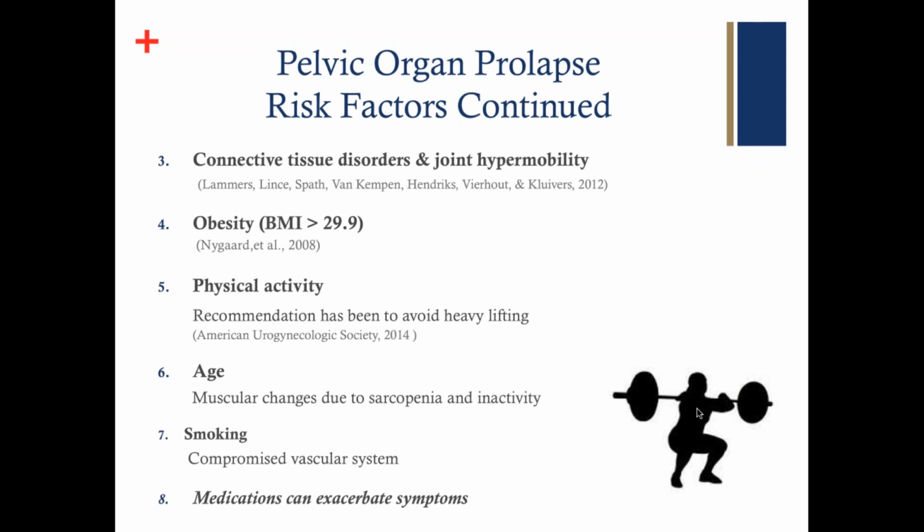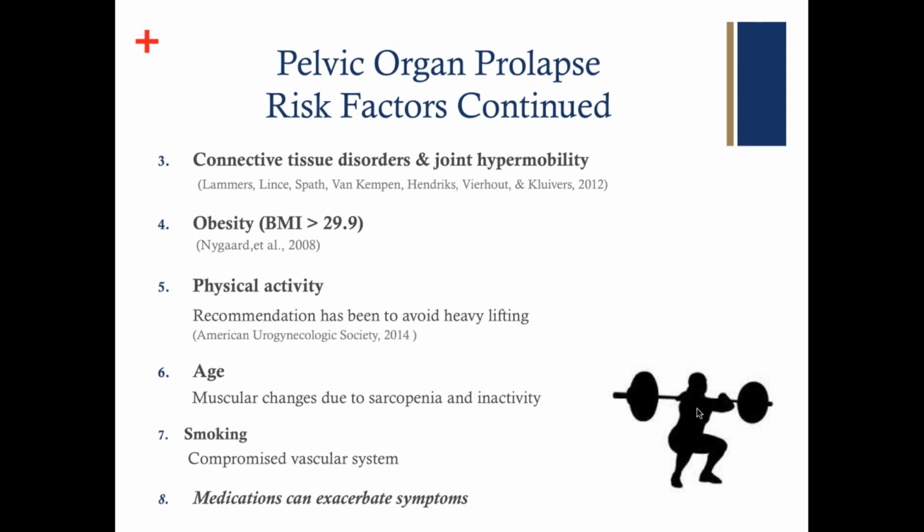Now we have this physical activity risk factor that has multiple pieces, and I'd like to talk about them just a little bit. We know that the American Urogynecologic Society has recommended to avoid heavy lifting for those who are at risk. And heavy lifting is described very interestingly as 10 pounds. 10 pounds or more is considered heavy lifting.